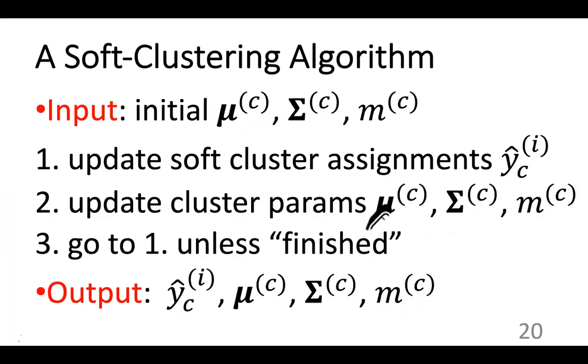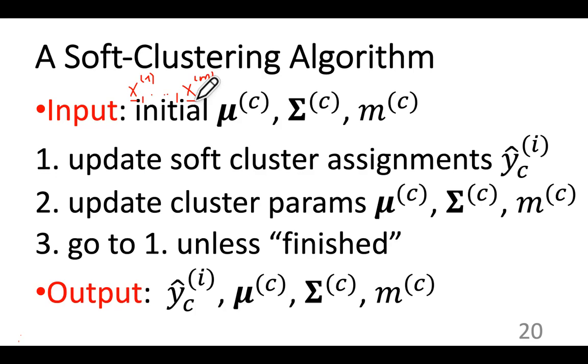So here's the simple soft clustering algorithm in written form. The input is, of course, the data set, the feature vectors of the data set. So the input is the feature vectors of all m data points, but we do not require the degrees of belonging because this is what we want to find out in the clustering method.